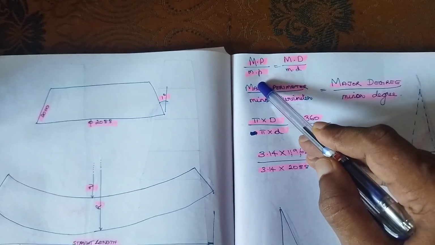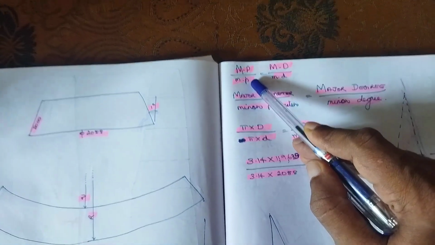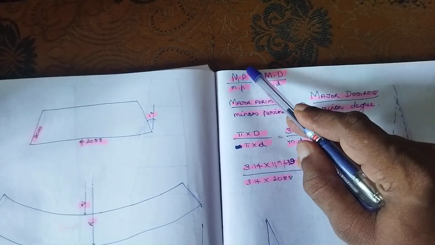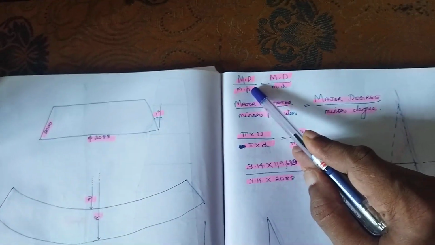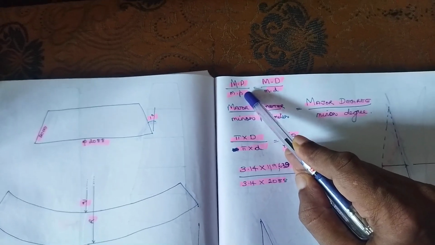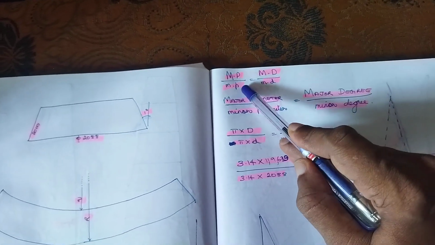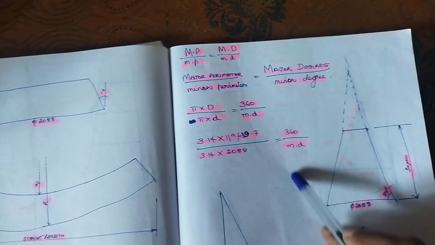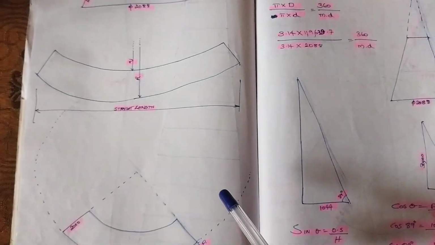Both perimeters I have written in capital letters, not small letters. Here also, major perimeter divided by minor perimeter. MP by MP is equal to MD by MD. This formula we used for getting its degree and perimeter.